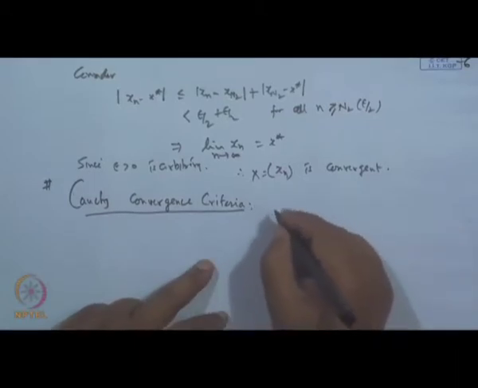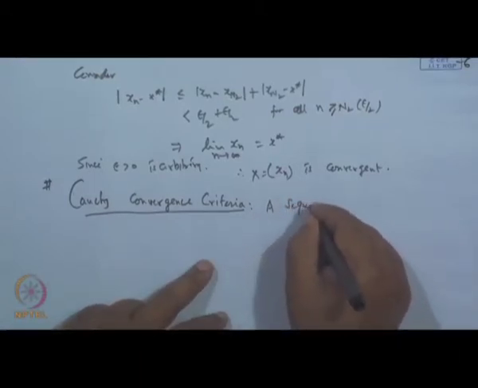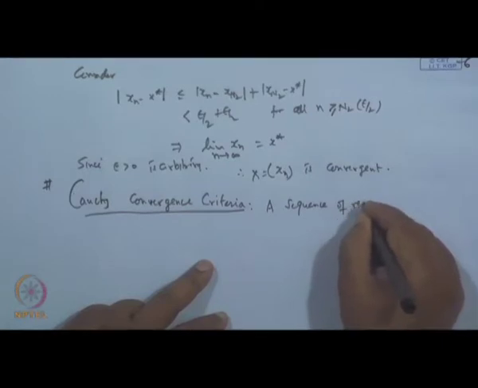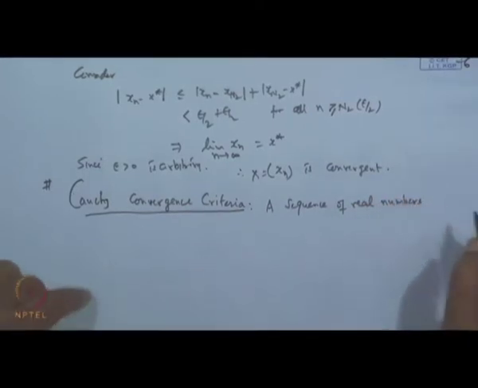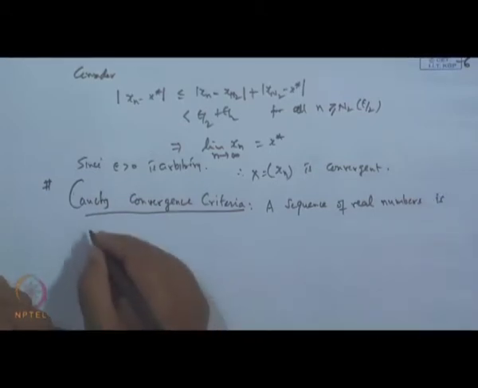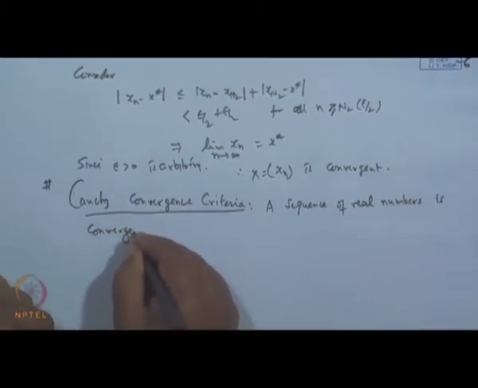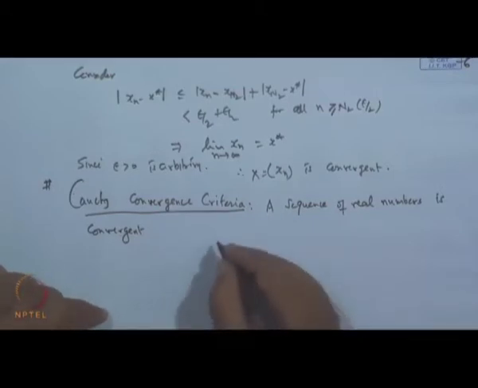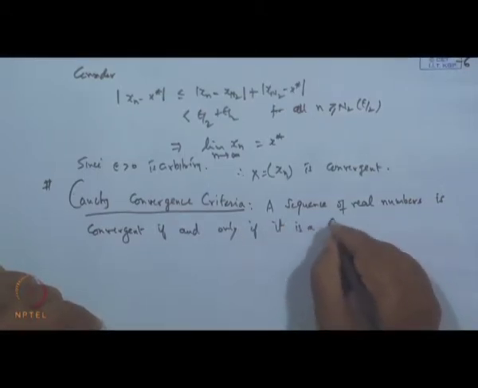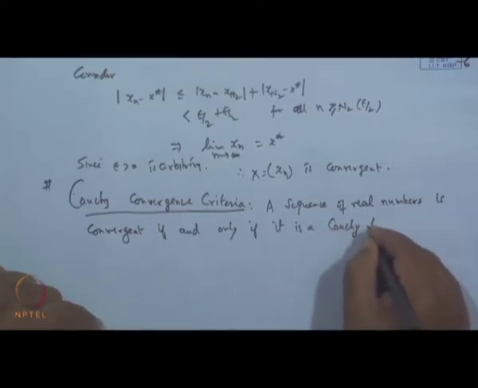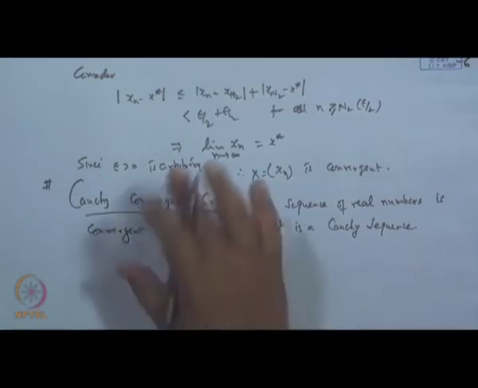A sequence of real numbers is convergent if and only if it is a Cauchy sequence. And this proves the result.